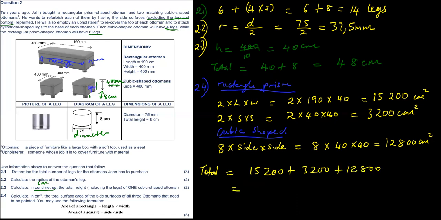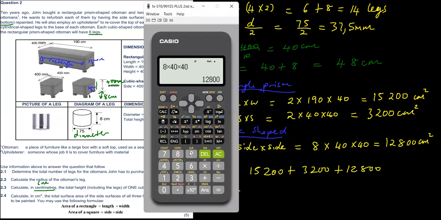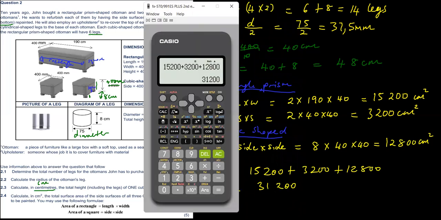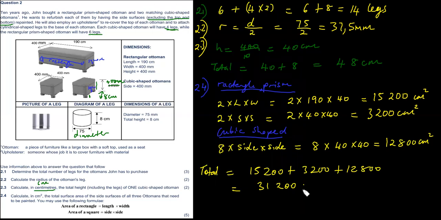Let's see. What do we get? 31,200. So it's going to be centimeter squared. That's going to be our final answer.